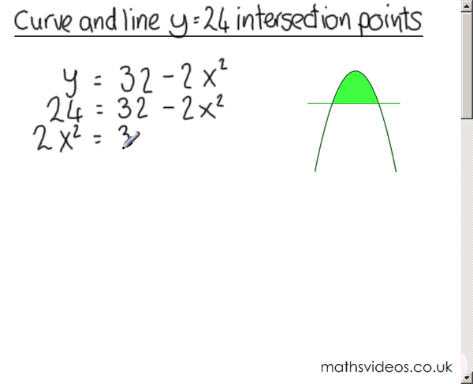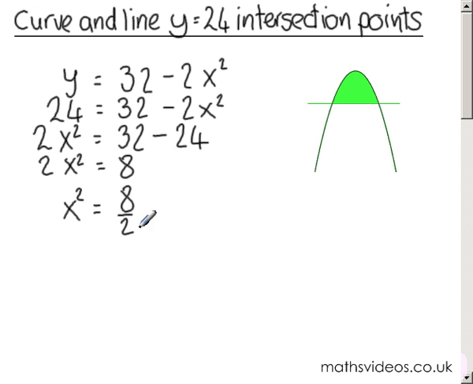And we have 32 remaining on the right hand side, and it's take away 24. So that means 2x squared is equal to 8, which means that x squared is equal to 8 divided by 2, and 8 divided by 2 is 4.